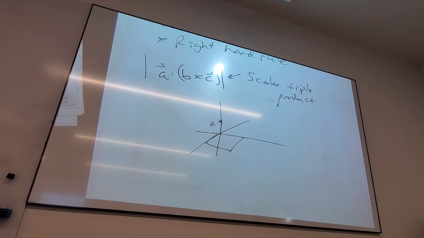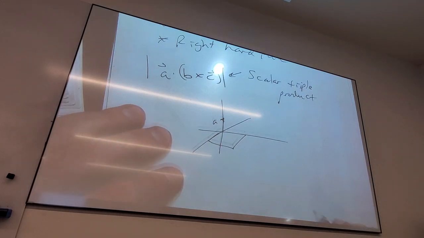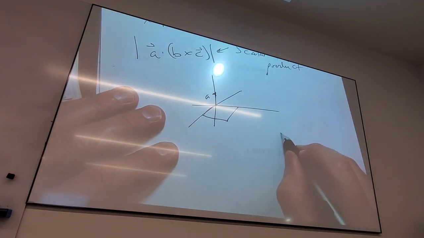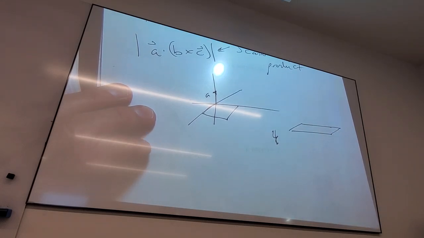So this is effectively length times width times height. B cross C is length times width, sort of, based on the sides and the angles in there. And when I dot it with A, that brings the height into it. So this is trippy. I end up with a parallelogram, but in 3 dimensions. I'm not going to draw that.